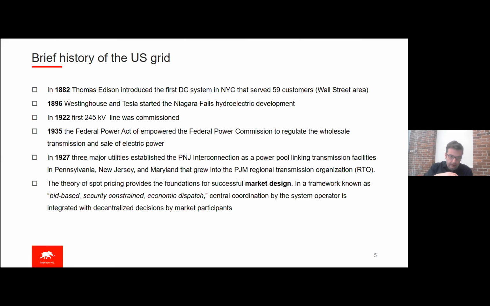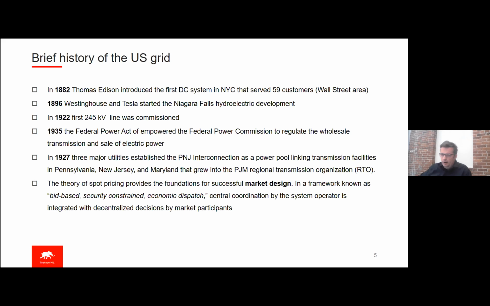In 1922 the first 245 kV line was commissioned, and then 1935 was the Federal Power Act, which brought the ability to have wholesale transmission and sale of electric power, and so on.